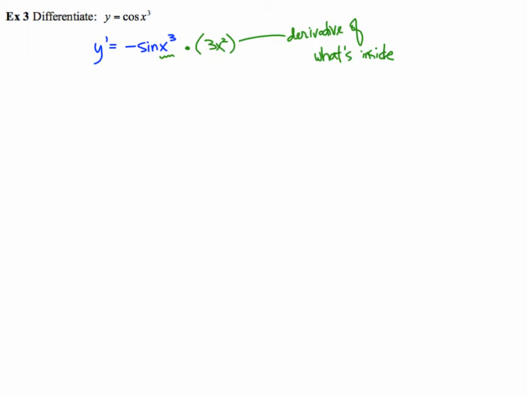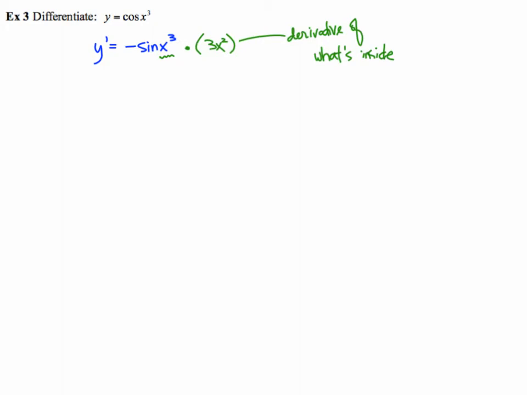Example 3 says the derivative of cosine x cubed. So the derivative of cosine is negative sine x cubed times the derivative of what's inside. So the derivative of x cubed is times 3x squared. And to simplify this, with multiplication, I can bring the 3x squared up to the front.